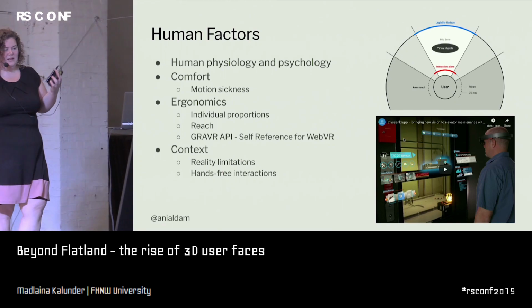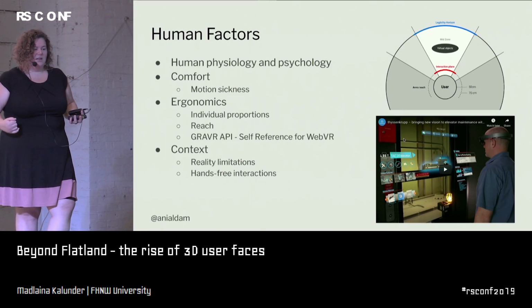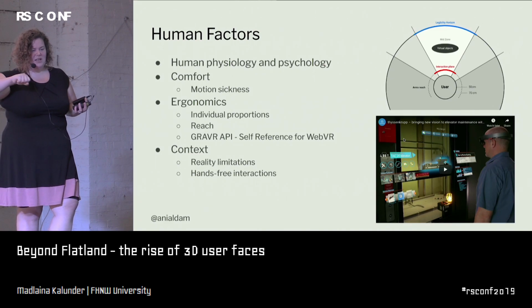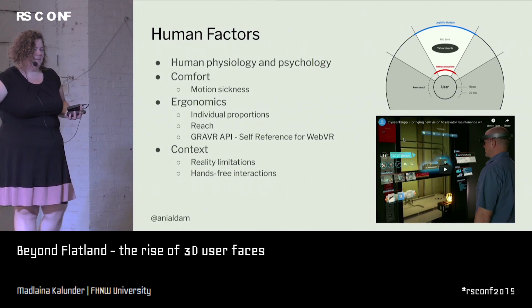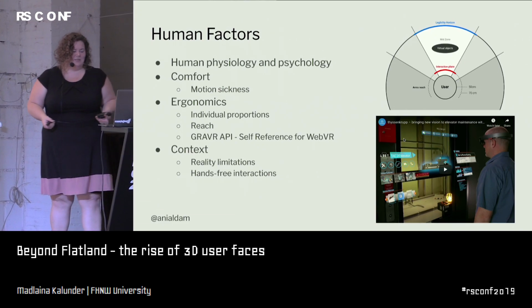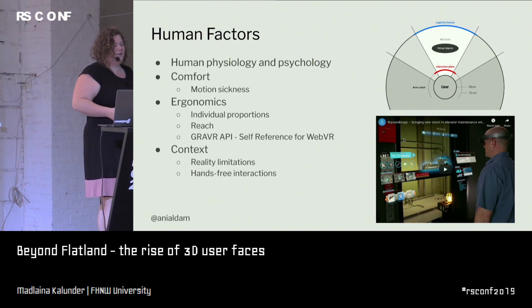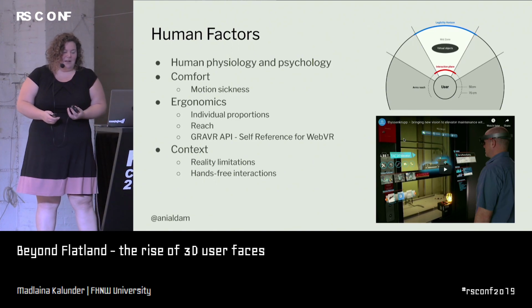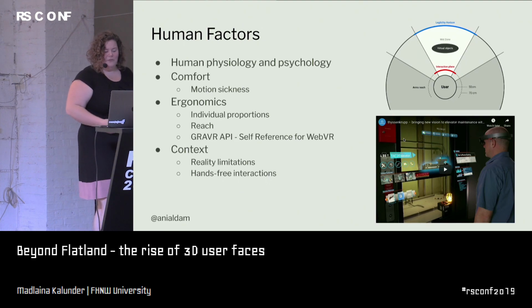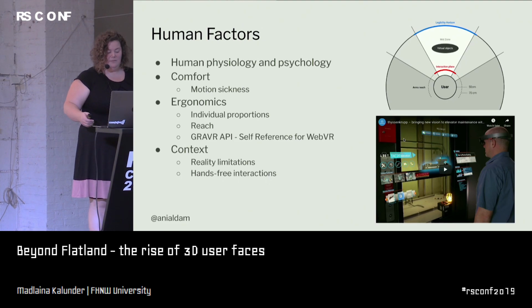If I am in a VR application where I cannot move around, I can only reach objects in my arm's length. And we all have different arm's length. There's actually a suggested API for this as well, for like a self-reference for you, for the web. It's called GravVR API. That is really interesting approach as well.